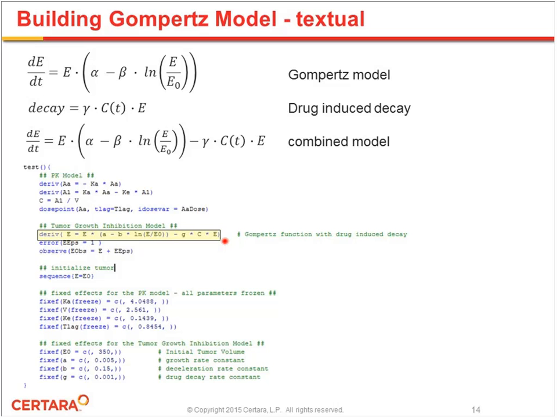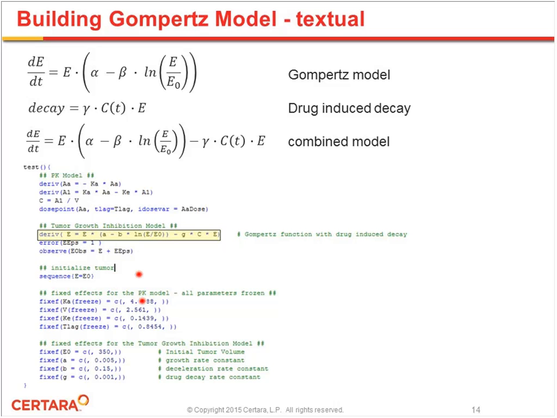So, okay, as I said, we change a little bit the code. We need to enter the sequence statement, so to initialize the tumor growth. The first step is the effect, which is the tumor volume equals the initial tumor volume, E0. We've got the PK parameters frozen.